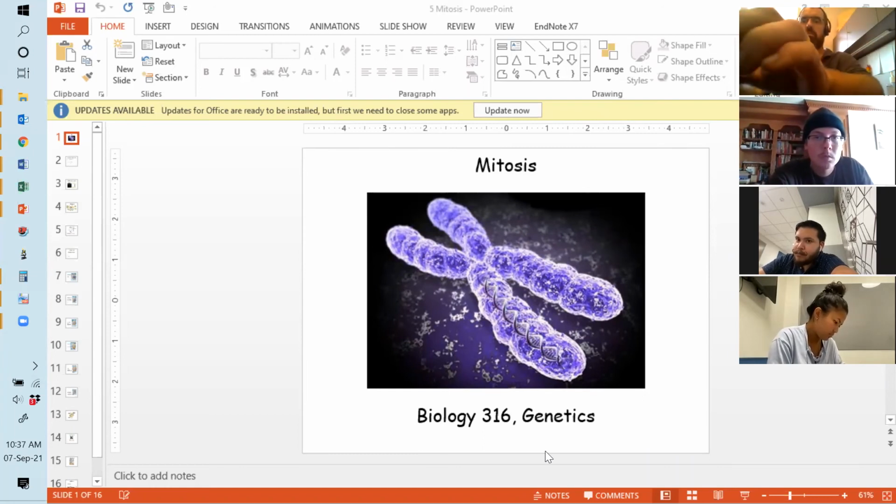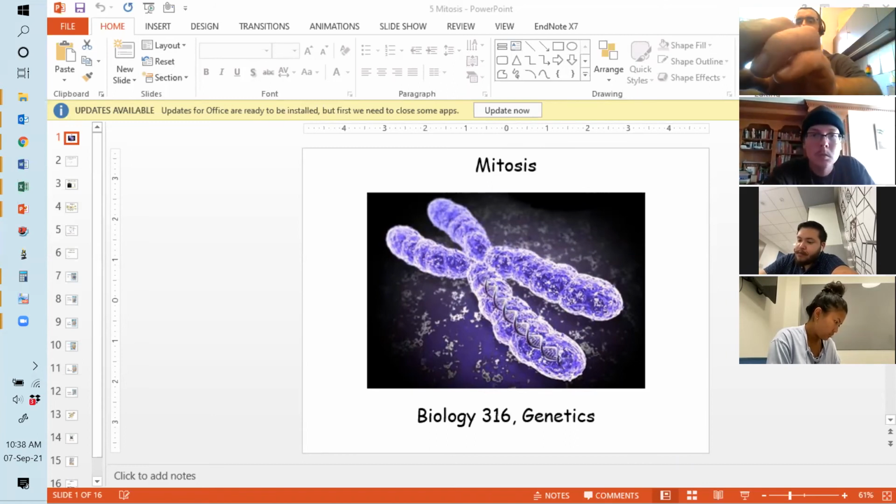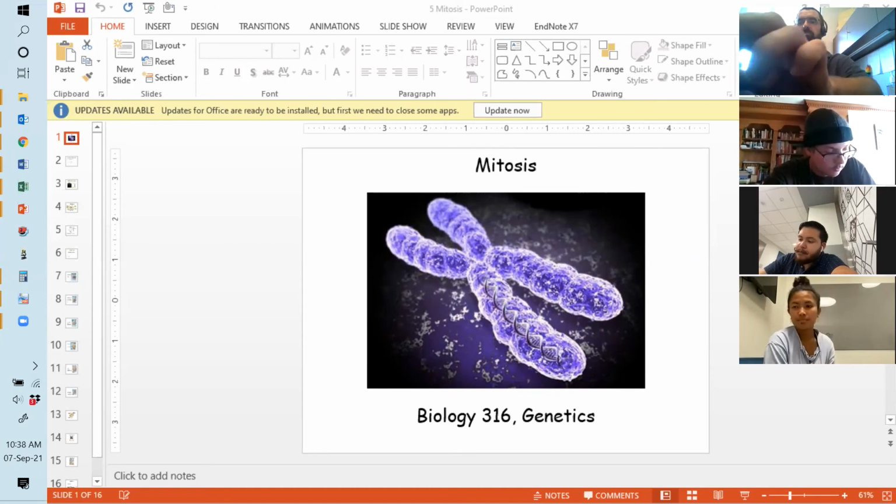Another important word, cohesin. It's a protein that sticks the sister chromatids together until, pardon me, anaphase. And separase, a protein that digests cohesin to allow anaphase.